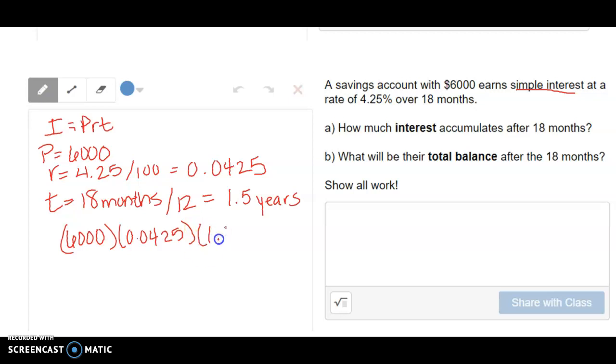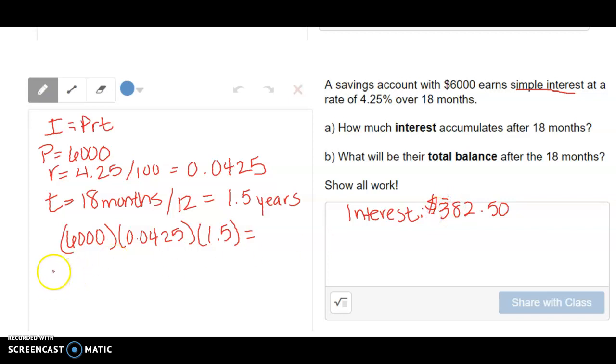So we'll do 6,000 P times R times T to get our interest. So 6,000 times 0.0425 times 1.5 gets us $382.50.